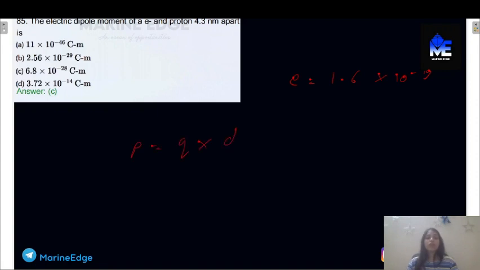Q multiplied by distance, correct? So we have the value of Q, and the distance is given as 4.3. So 1.6 into 10 to the power minus 19 into 4.3 into 10 to the power minus 9. Even if we don't perform the whole calculation, 1.6 times 4.3 will get the value nearby 6.8.